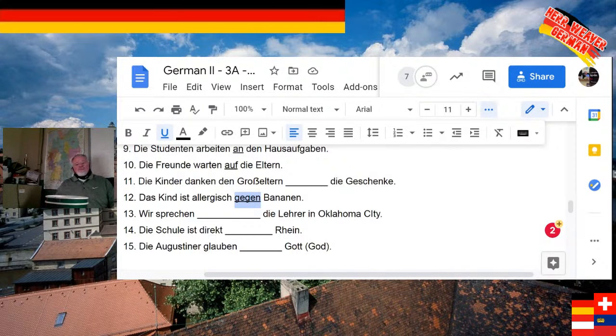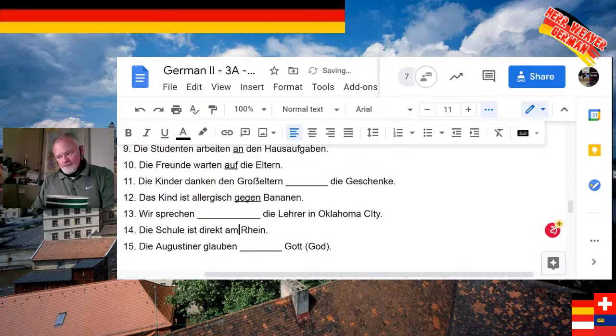What about number 14? Die Schule ist direkt blank Rhein. On the Rhine, the river. And so how do we say that? With bodies of water, it's actually am. I think it's the first one in the list of the word bank, because am is a contraction for an dem Rhein.